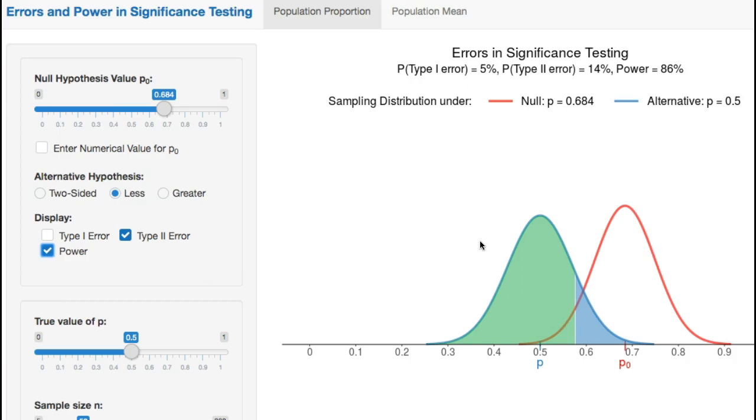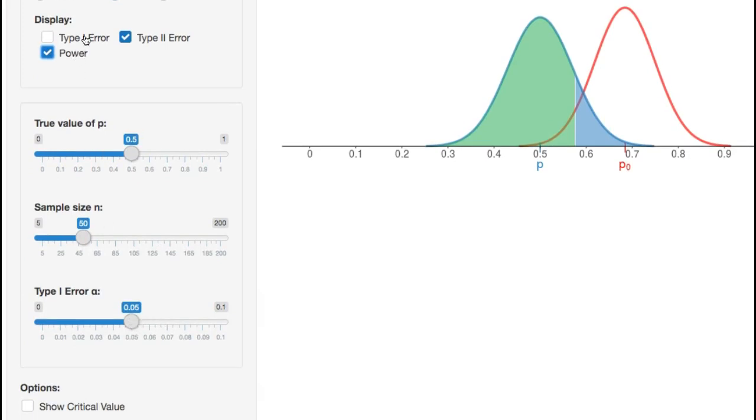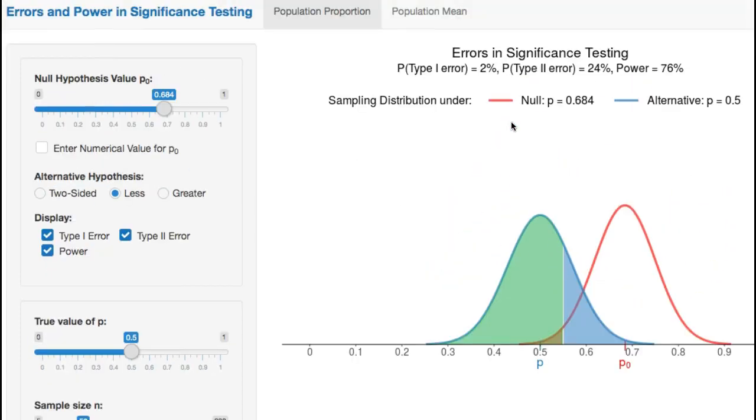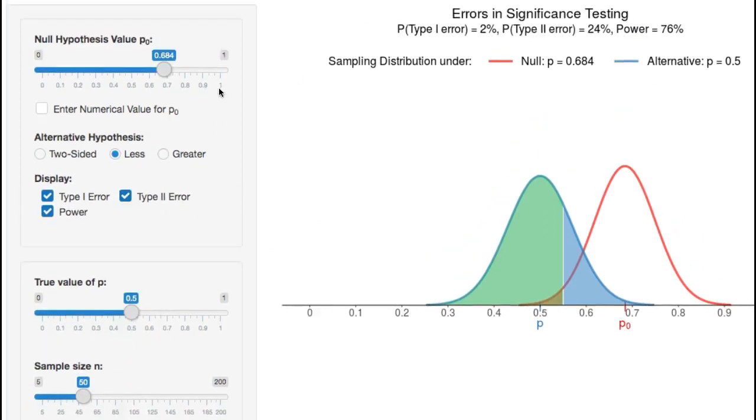Now, as we reduce our alpha level, this applet allows me to reduce the alpha level, and you can actually see the shading of the alpha level. As that gets smaller, you can see my beta is growing and my power is getting smaller. Let me change the zoom one more.